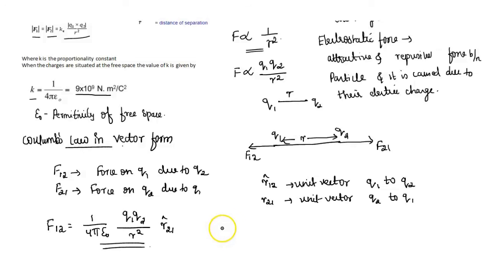This is the force of repulsion on Q1 due to Q2. Similarly, the force of repulsion on Q2 due to Q1 is 1 divided by 4 pi epsilon naught Q1 Q2 divided by R square, with the unit vector R12. These two equations express Coulomb's law in vector form. So this is all about Coulomb's law.